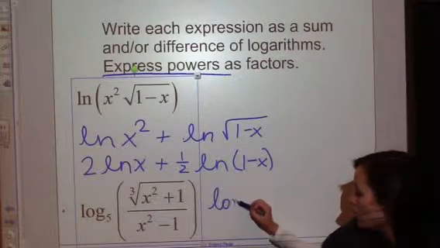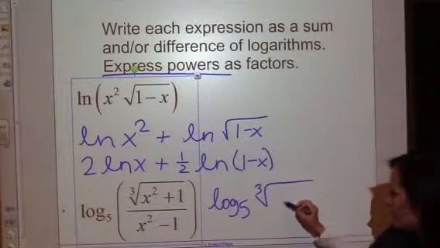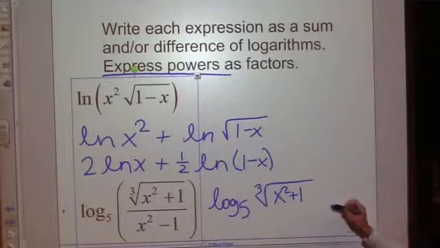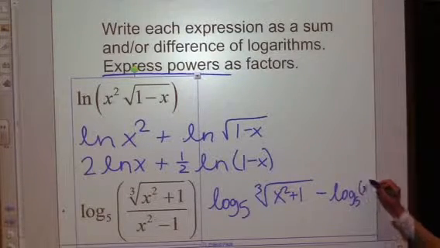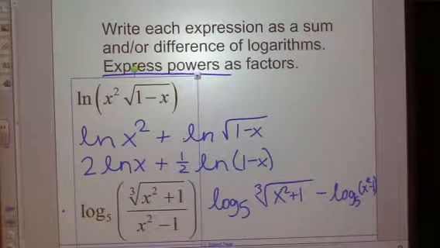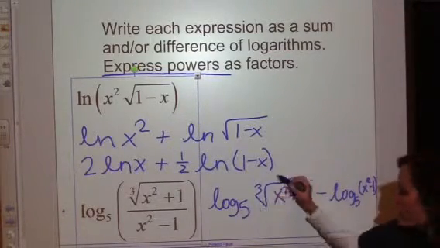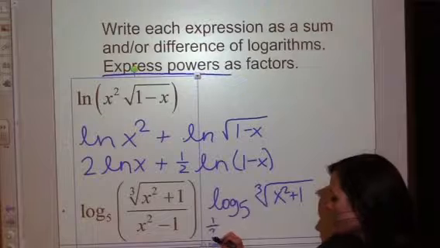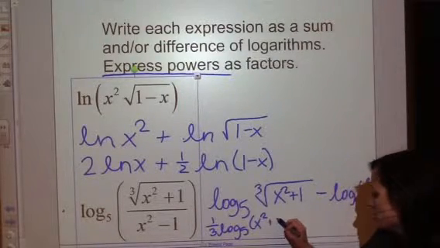We got log base 5 of the cube root of x squared plus 1 minus log base 5 of x squared minus 1. And some of you are like, well, why is it minus? Well, because it's division here. So this is the cube root, so that's the 1/3 log base 5 of x squared plus 1.